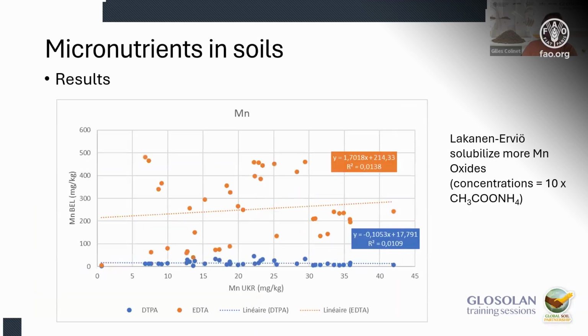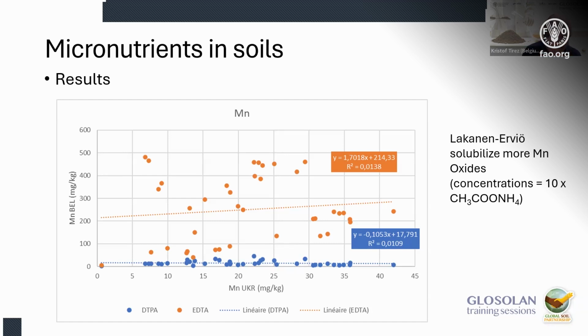The extraction is different too. The pH is at 7.2 for the DTPA. It's at 4.6 for the EDTA. Yeah, it clearly must be responsible for something. But it shows definitely that different extraction procedures will lead to different results.